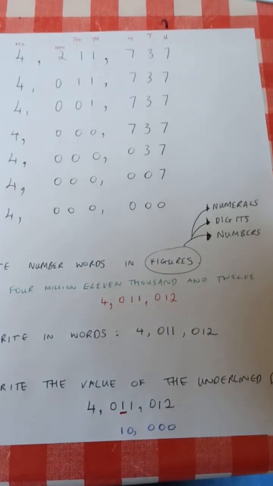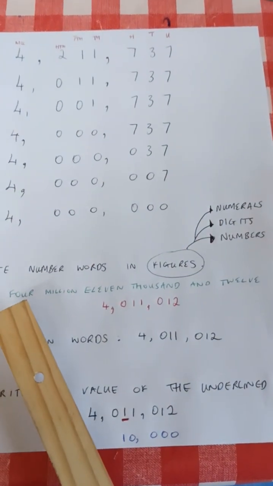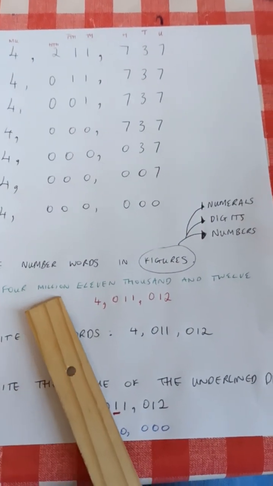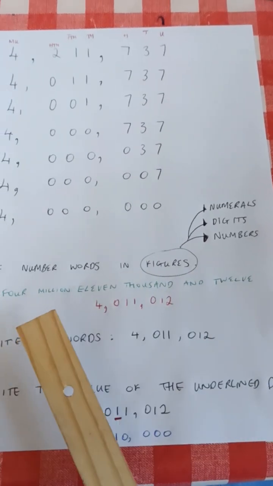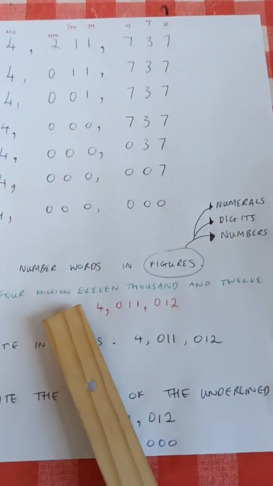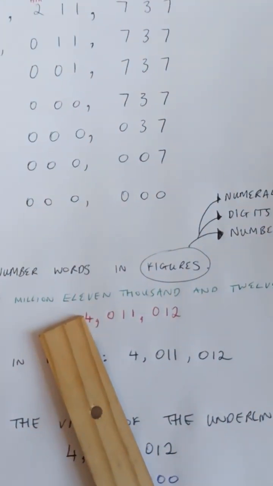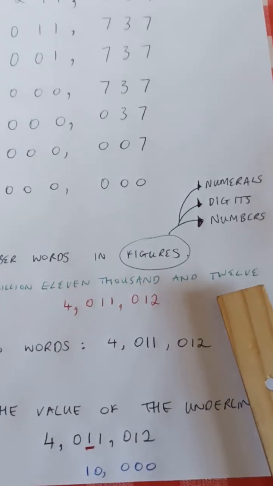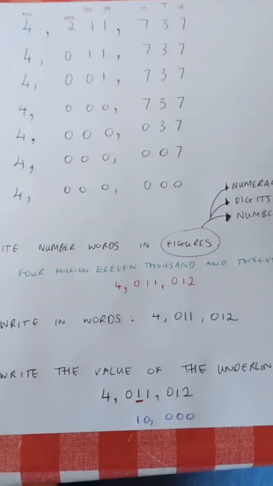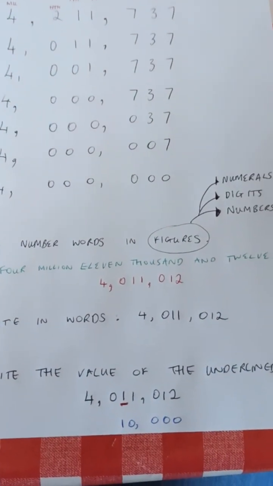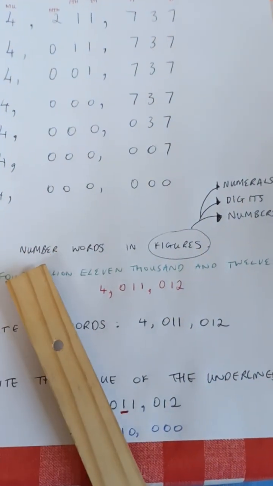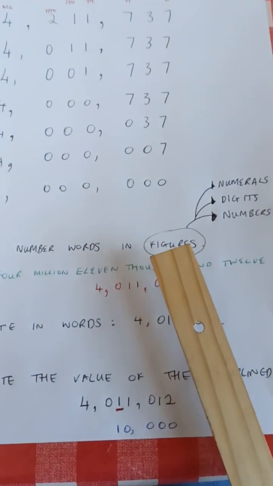So what we have here is a number word, and the number word is four million, eleven thousand and twelve. And we have to write this number word in figures.